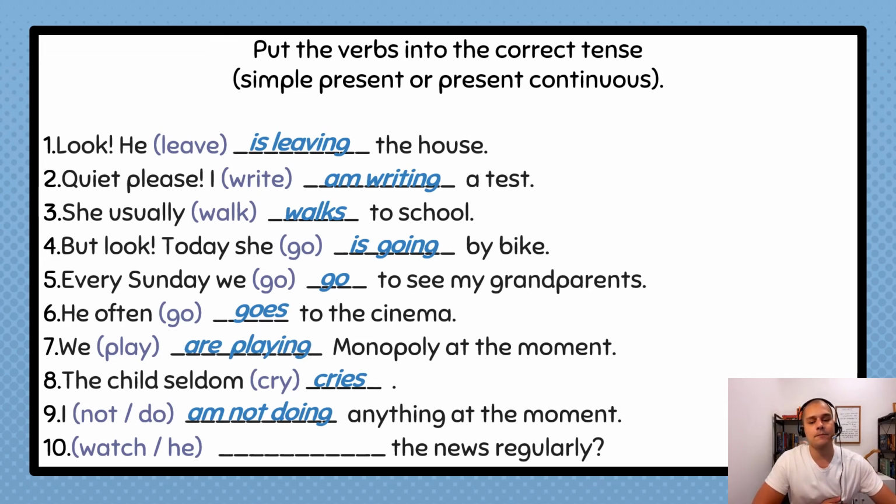And number 10, it's a question. Remember, I gave an example of a question in the first slides. All right, so blah, blah, blah, he watched the news regularly. So I have an idea of a frequency, of a routine, a habit of a person.